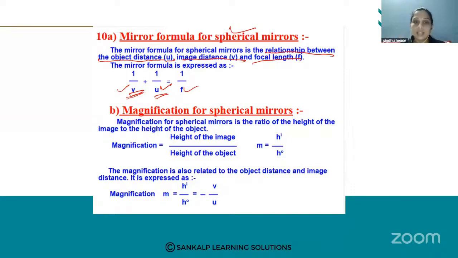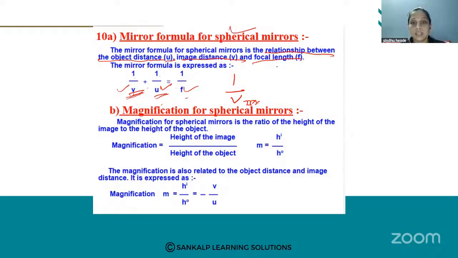So then what is the formula? See, 1 by v plus 1 by u is equal to 1 by f. This is the formula. What is v here? v is image distance.